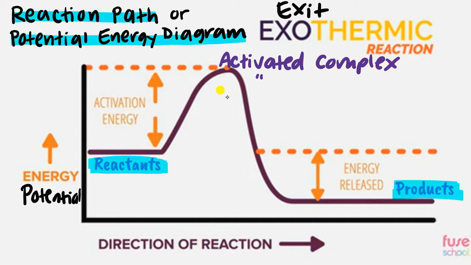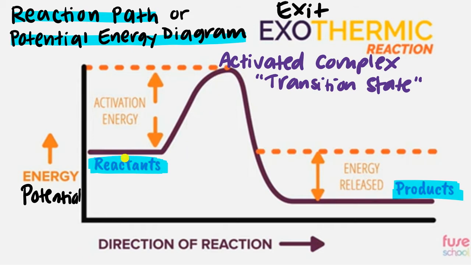This is also called the transition state. This is where the reactants start to rearrange the atoms and they start to turn into those products. And you're going to get this in-between state between the reactants and the products.